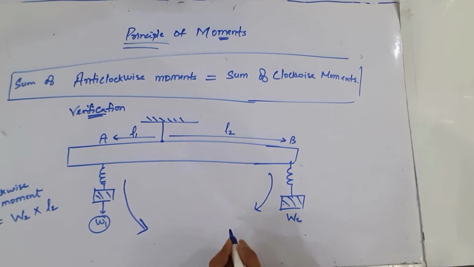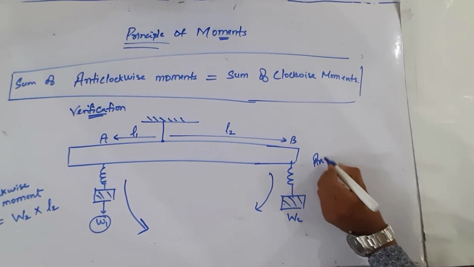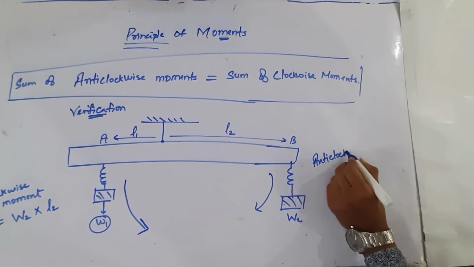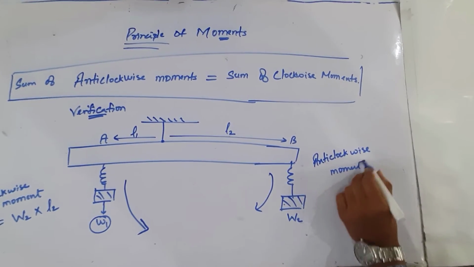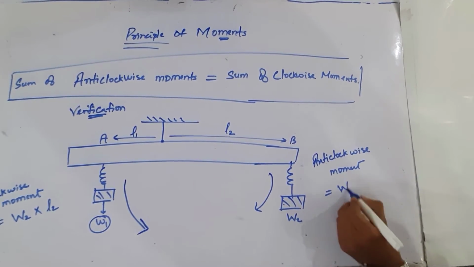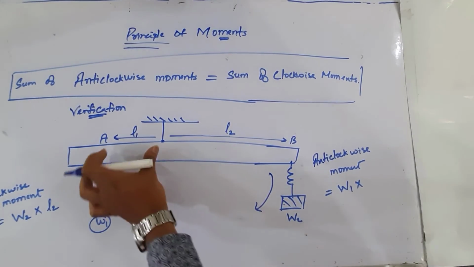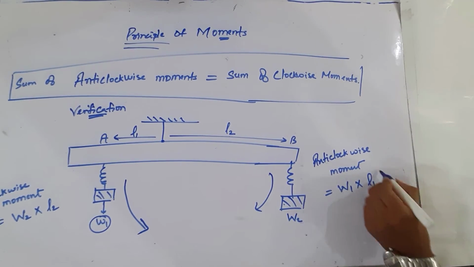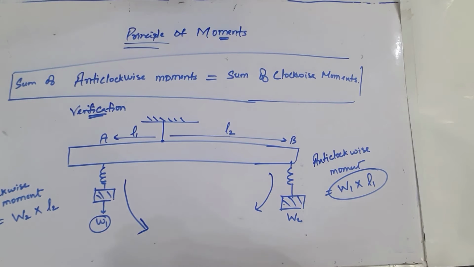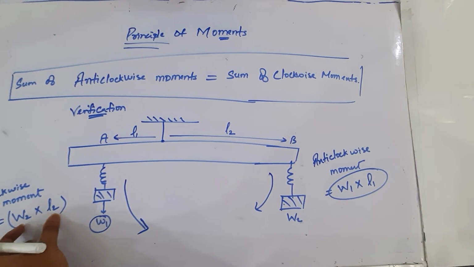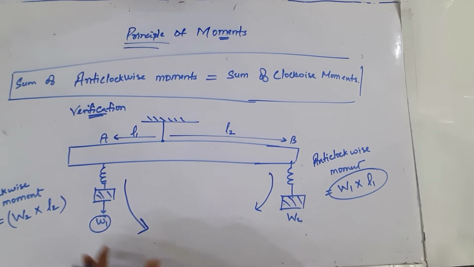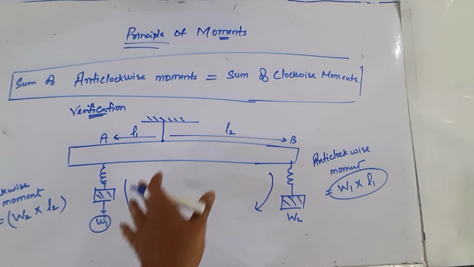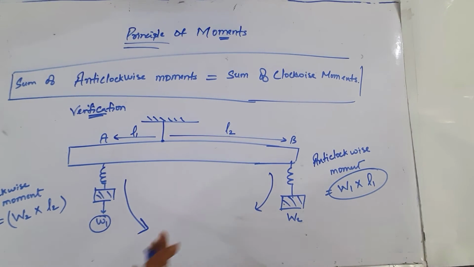And if we go on finding the anti-clockwise moment, it will come W1 multiplied by the distance L1. So we will observe that the numerical value which comes on multiplying W2 with L2 and W1 with L1 will be the same if the meter rule is in balanced position.